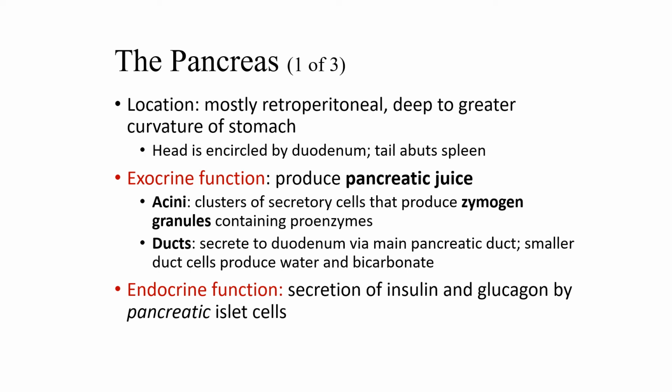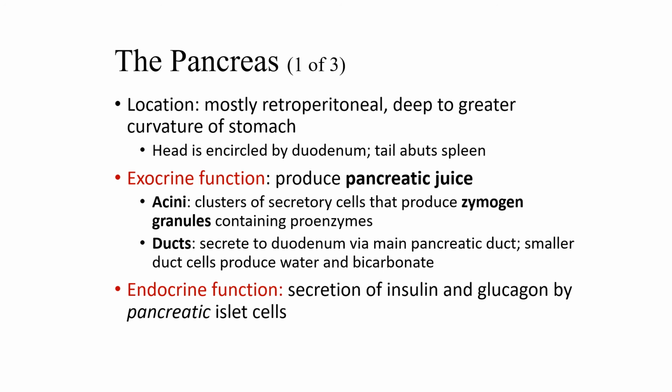And then it has exocrine functions. So exocrine is basically the production of the pancreatic juice. It's done by the acinar cells, and they produce zymogen granules. These granules contain proenzymes. Sometimes people call them pre-enzymes.